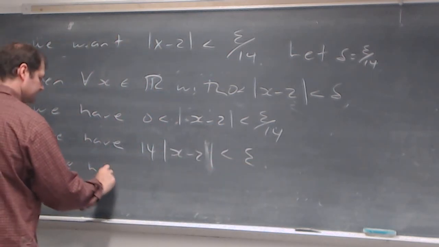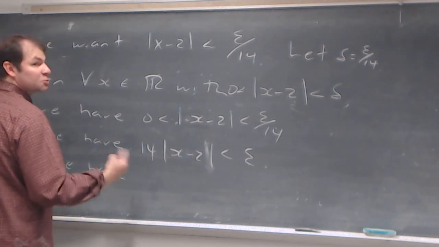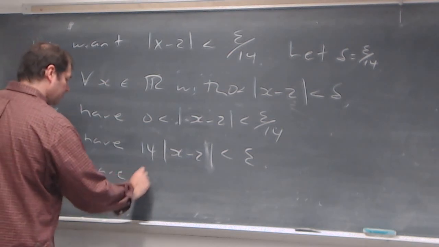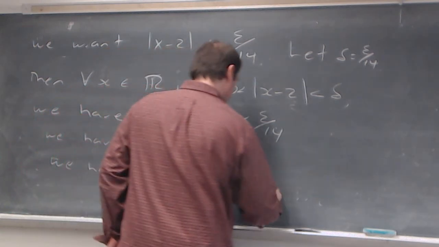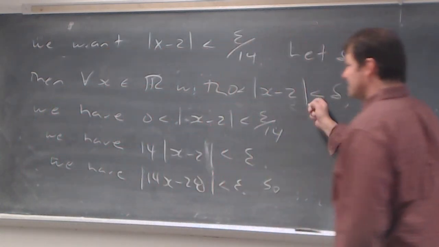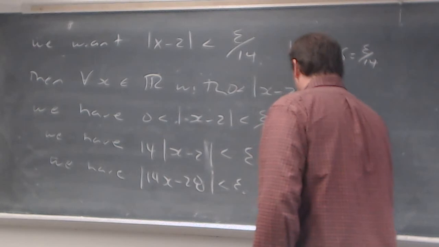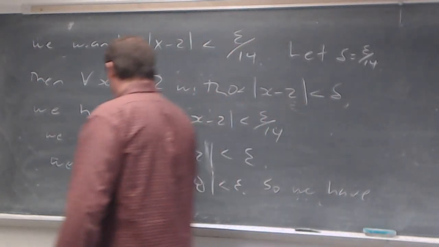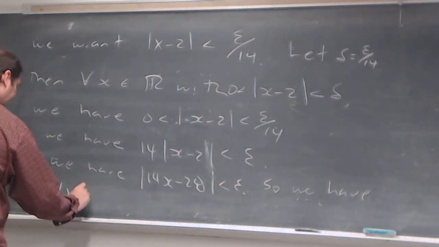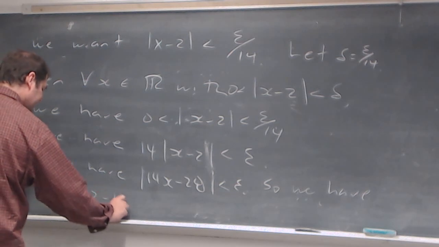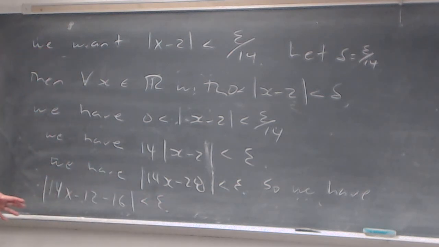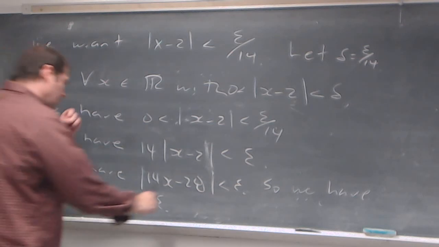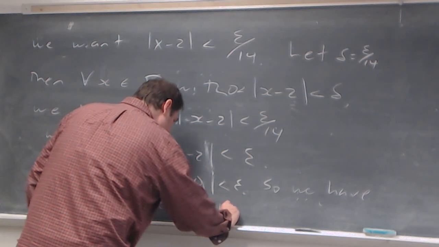So this isn't what we want, this is what we have: the absolute value of 14x minus 28 is less than epsilon. That would be the same thing as the absolute value of 14x minus 12 minus 16 is less than epsilon. And that's exactly what we wanted to have. And we got it.